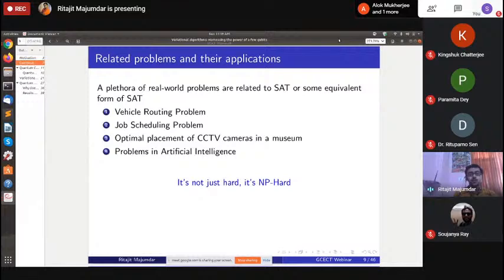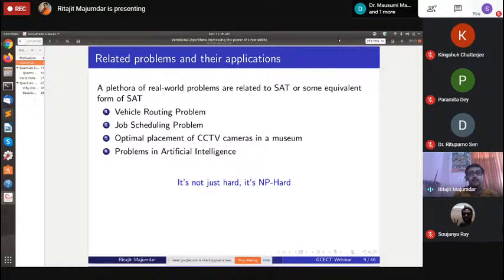You want to go from location A to location B, and there are many paths, and some of these paths, maybe they have traffic, huge traffic, bad traffic, and some paths have one way. So what is the best path that you should take from position A to position B so that you can reach there fastest? So these are some vehicle routing problems.